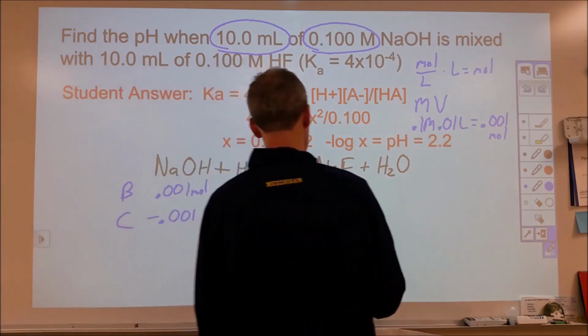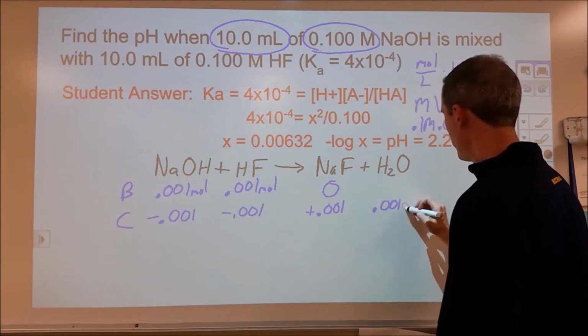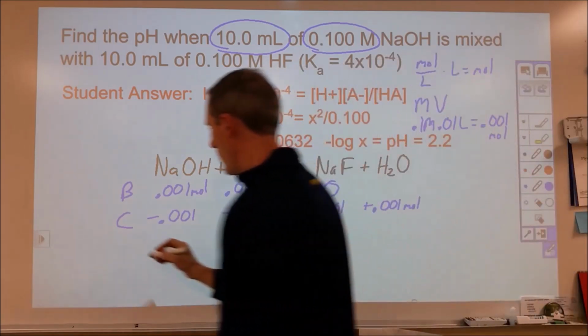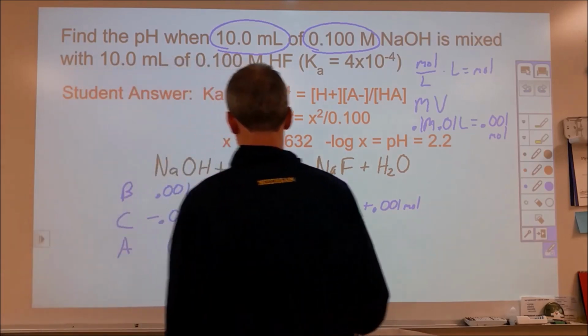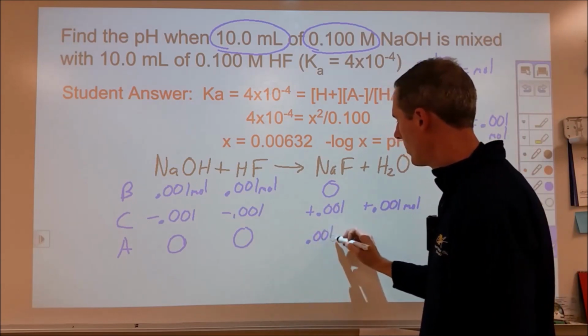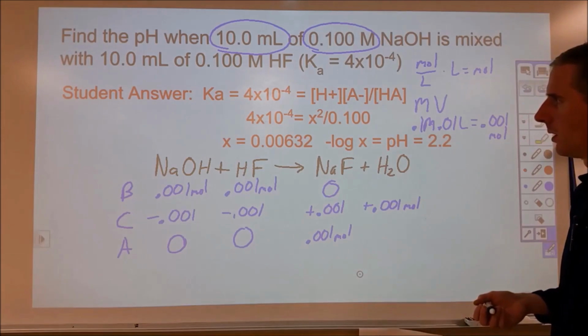I'm going to end up making 0.001 of this, and I'm going to add 0.001 moles to whatever original amount of water I started with. So after the reaction, I will have 0 of my reactants, and I will have 0.001 moles of sodium fluoride. And then I'll have some water present.